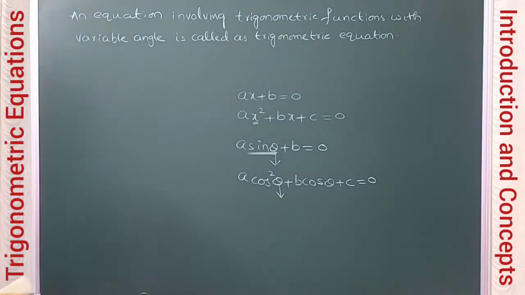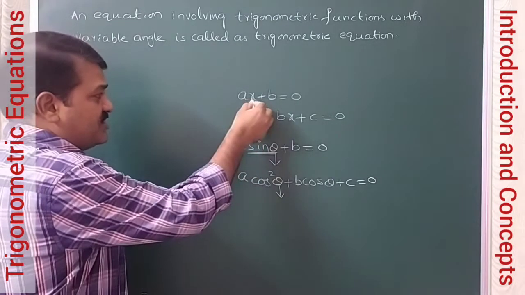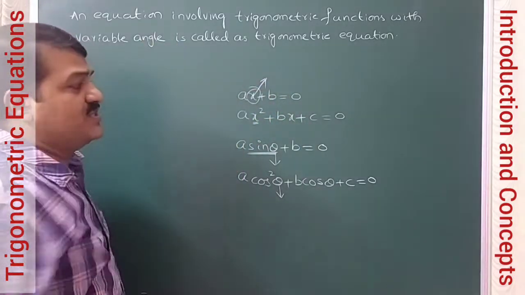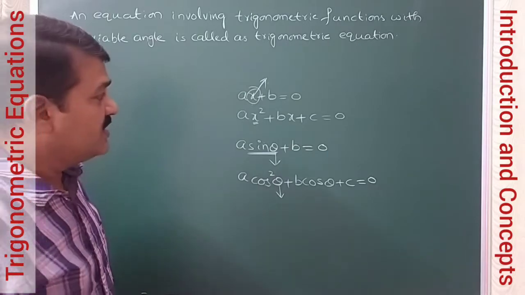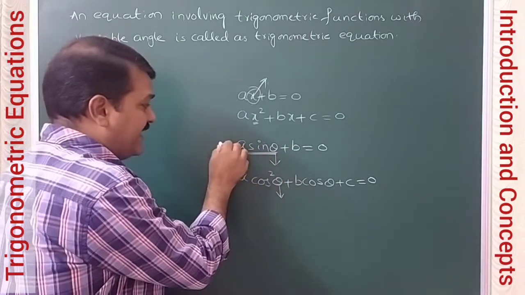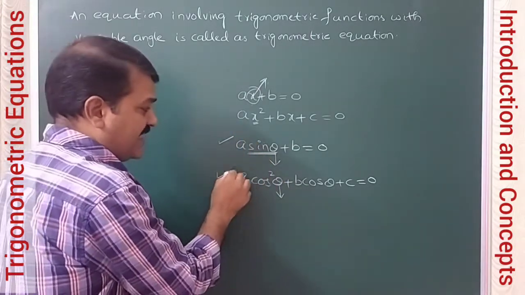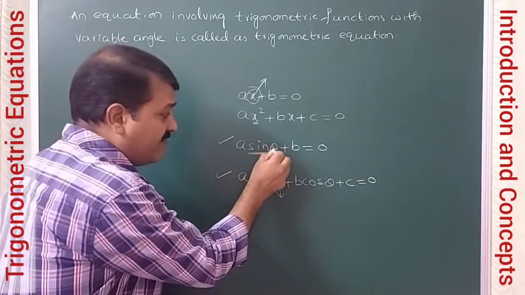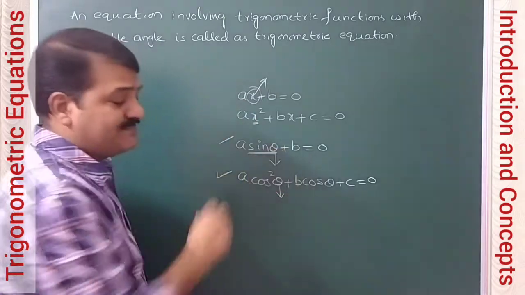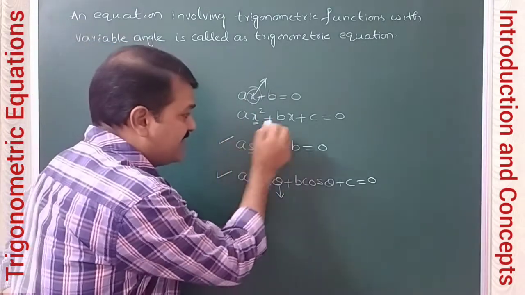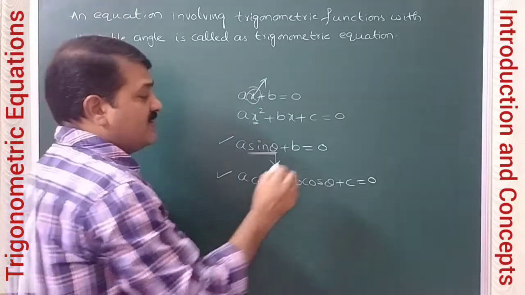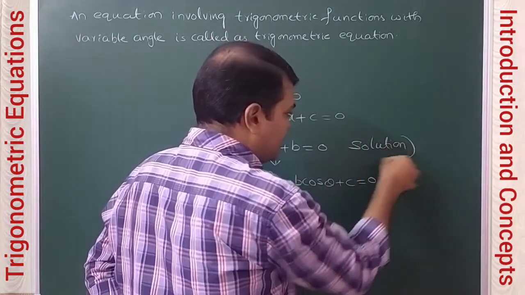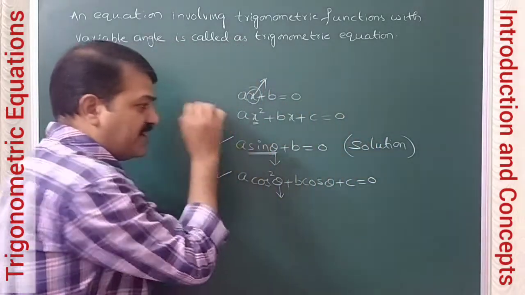Now, if we take a polynomial equation, the value of x which satisfies the equation is the solution. Similarly, when we take trigonometric equations like these two examples, the value of the variable angle theta which satisfies the equation is called a solution of that particular trigonometric equation.